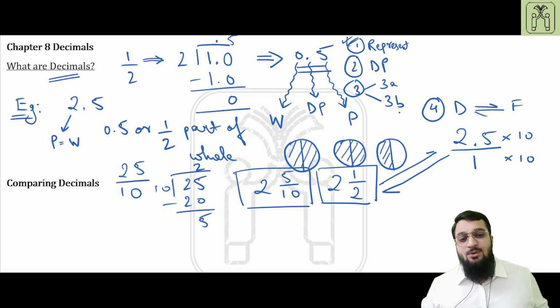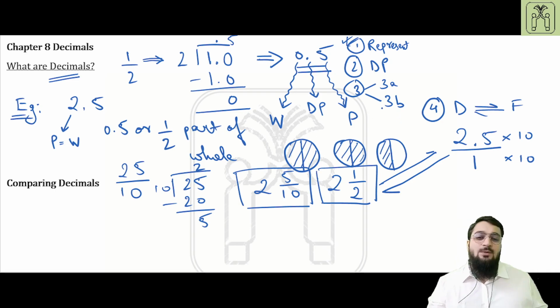Okay, so now there are two more things in decimals that I want to tell you, and that is that in case you have a decimal that is mentioned as 0.5, okay, and there is a decimal that is mentioned as 5.1, okay.